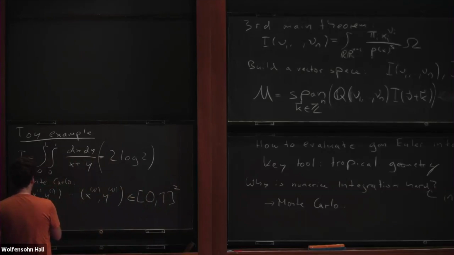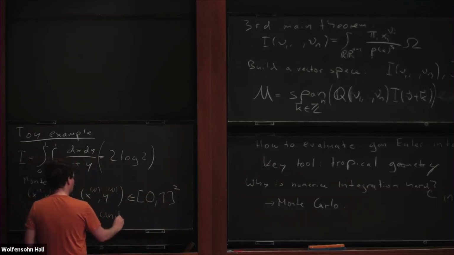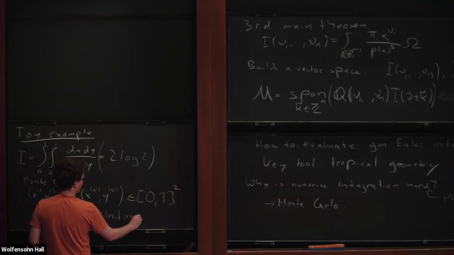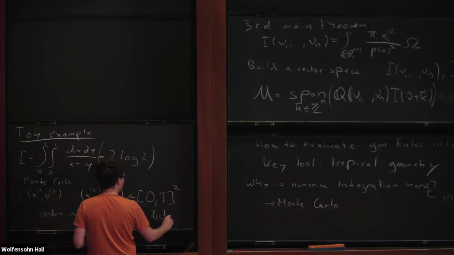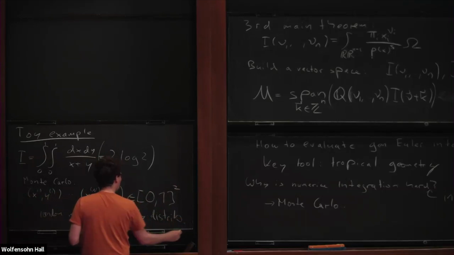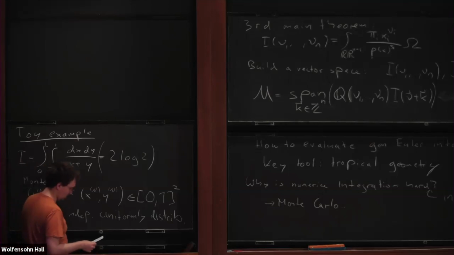So random, independent, and uniformly distributed. It's of course no problem to organize millions of these pairs, so we can just do it.